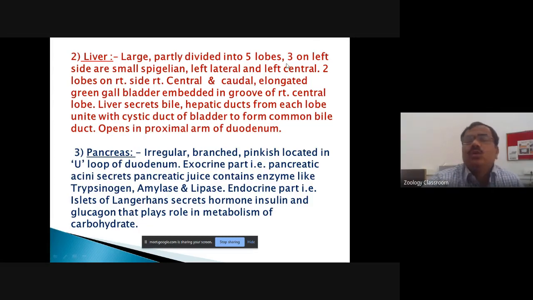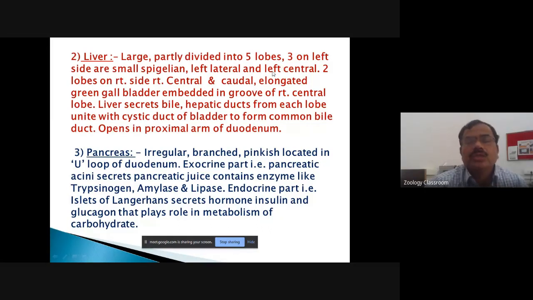The left 3 lobes include the small Spigelian lobe, then the left lateral lobe and the left central lobe. These are the 3 left lobes and the 2 right lobes, that is the right central and the caudal lobe. Okay, so these are the divisions and subdivisions of the right and left lobe.